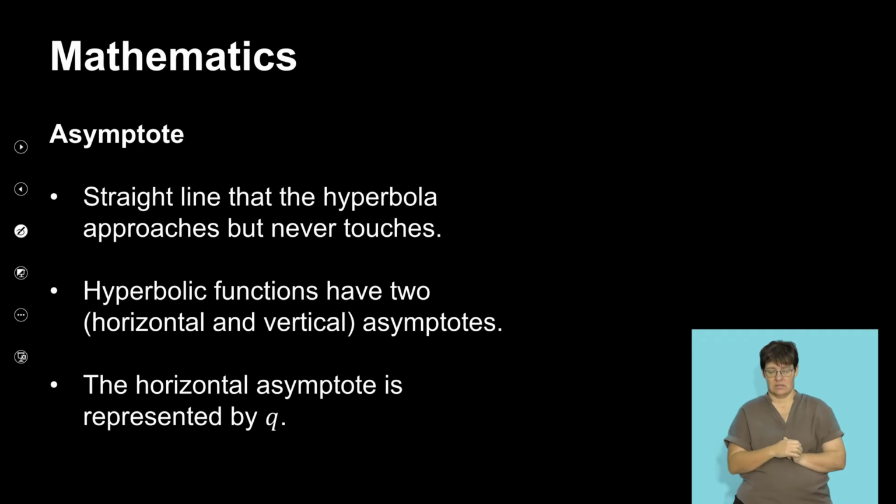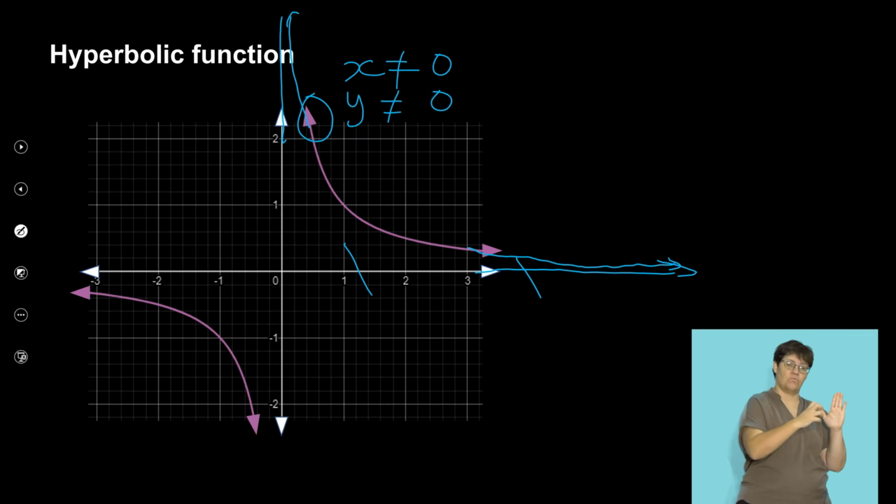And there are normally 2 asymptotes, right? With a hyperbola, there are 2 asymptotes, which are the horizontal and the vertical asymptote. Going back to my graph again, it cannot cross the y-axis, which is the vertical asymptote, right? So it's x equal to 0.